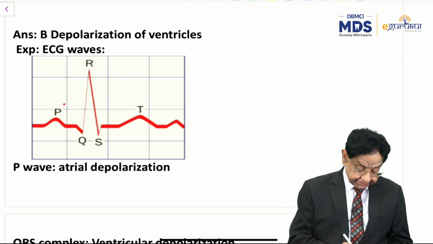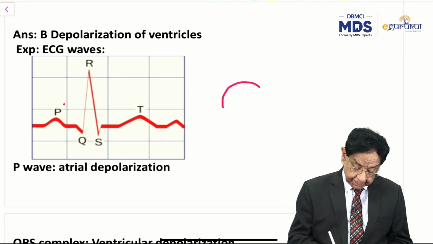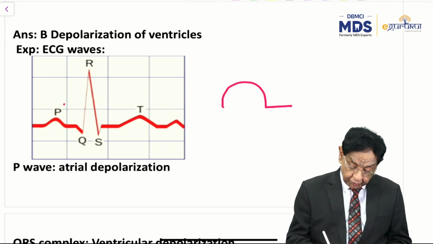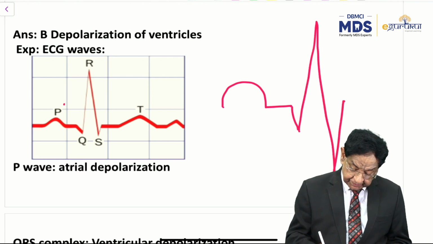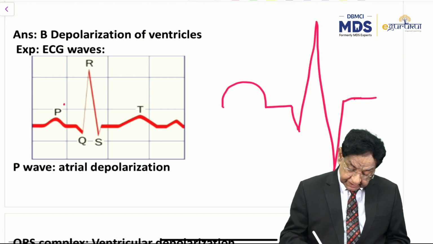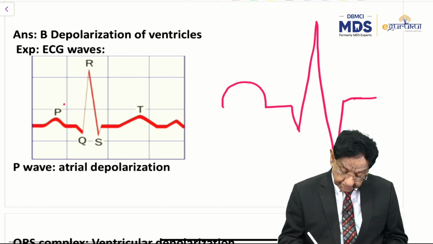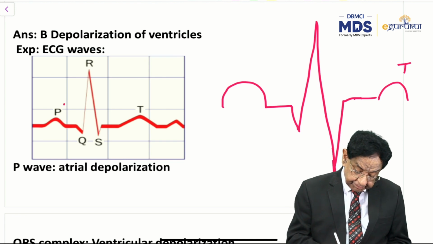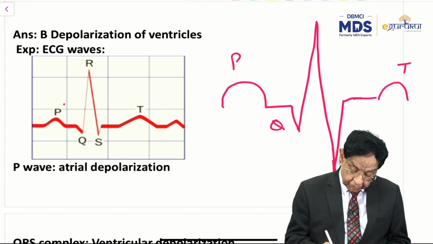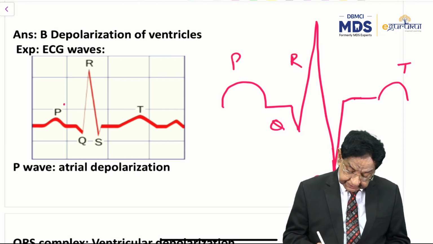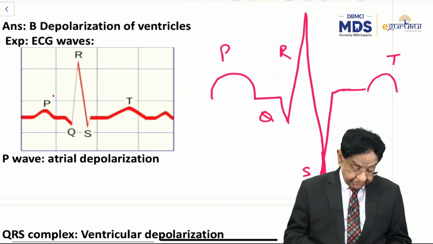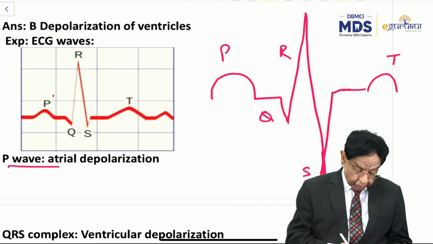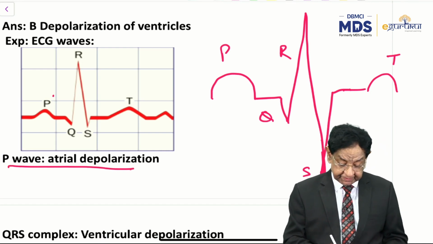This is a P wave, Q wave, R wave, S wave, then T wave, P, Q, R, S. Now this P wave is atrial depolarization.